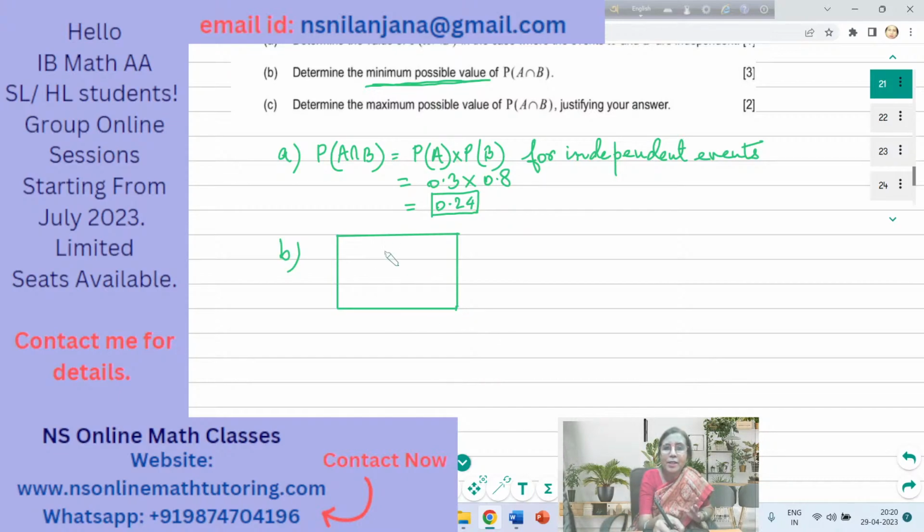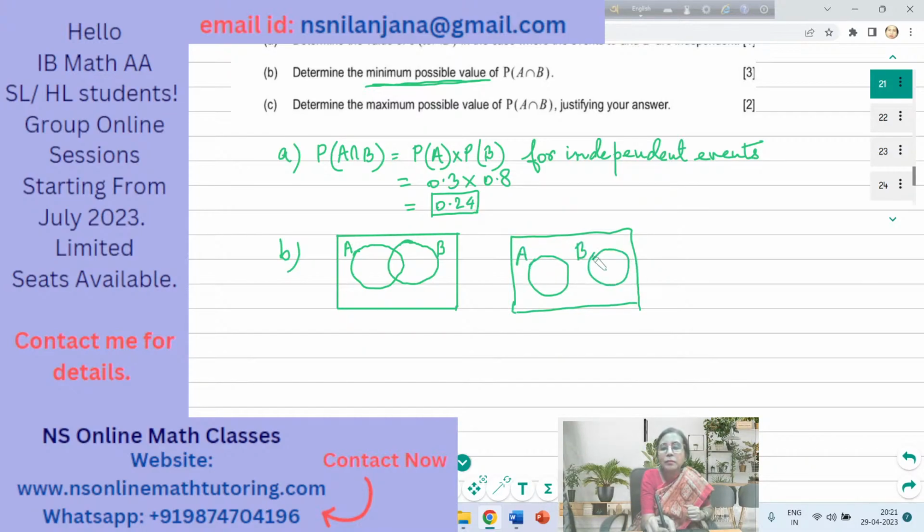This is the universal set, and this may be A, and this may be B. The minimum possible intersection may be equal to 0 also. There may be no intersection, it can be of this type. A and B, perfectly possible. No intersection.